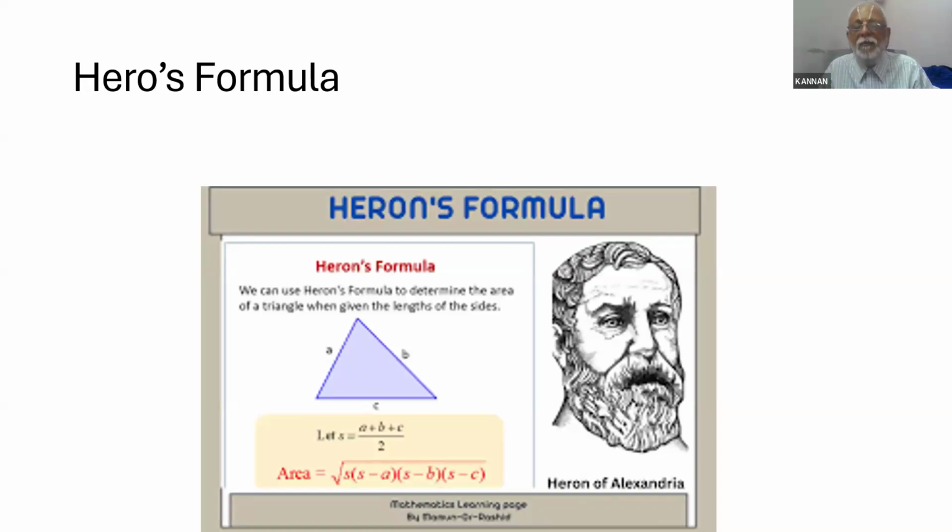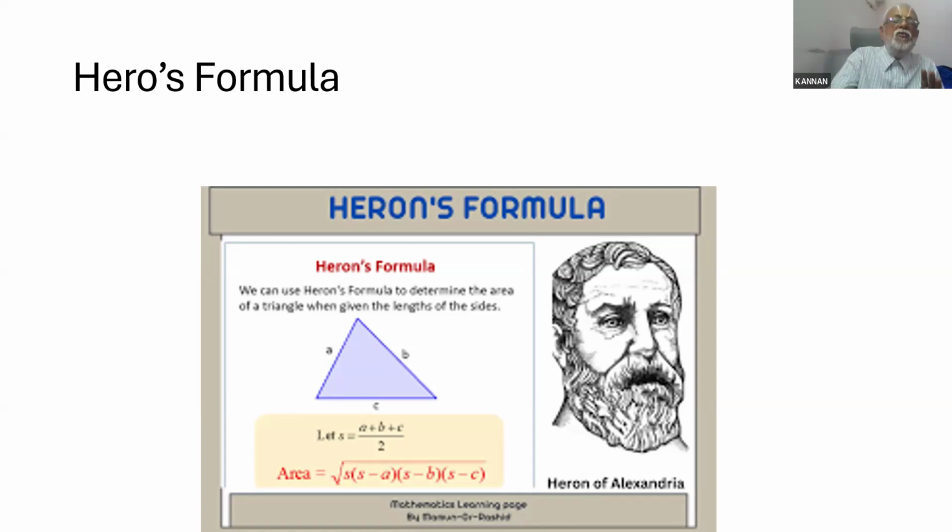Area of a triangle with three sides a, b, c is the square root of s(s minus a)(s minus b)(s minus c), where s is the semi-perimeter, (a plus b plus c) by 2. Heron of Alexandria, that is how he is known, along with his place.